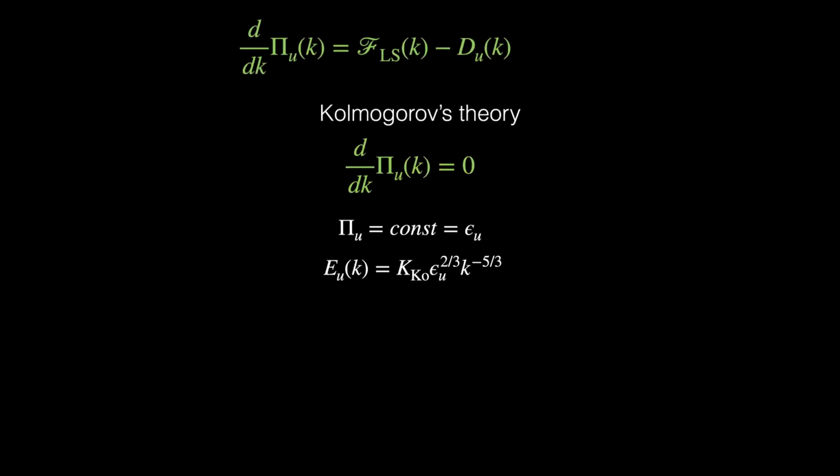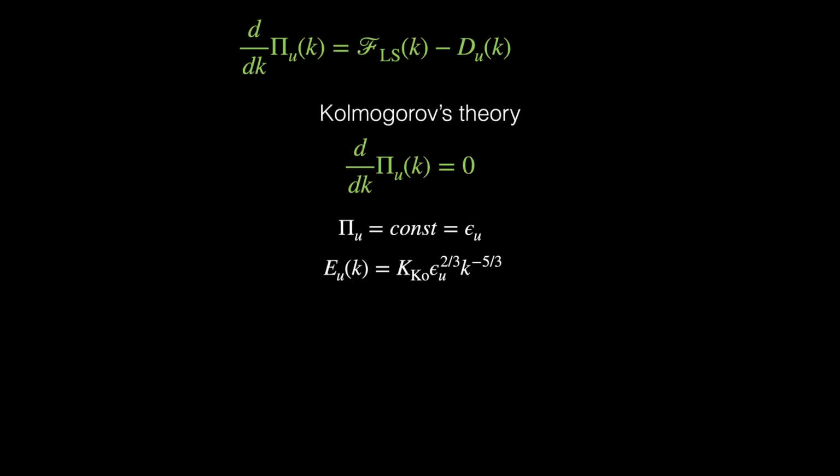Now, Kolmogorov theory, in fact, follows. In the last talk, there was a question: why is the flux constant? Or why is the spectrum k to the minus five-thirds? You can see from here by one simple argument in Fourier space. Of course, it doesn't answer all the questions about singularity, but it is very nice, because this flux can change only if I give some energy at intermediate scales.